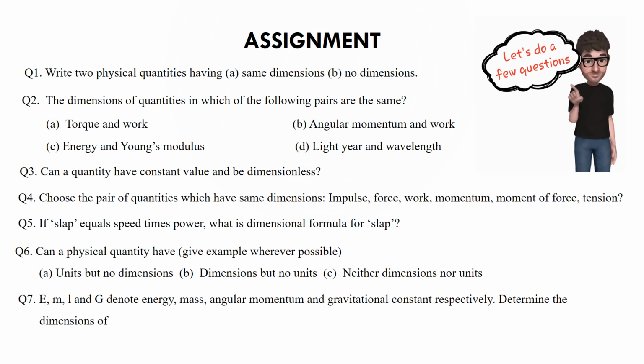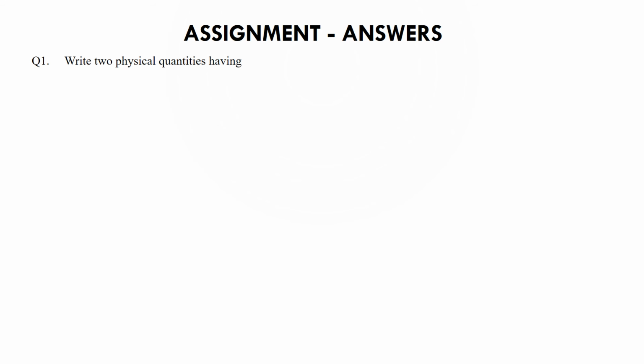And the last one: E, M, L and G denote energy, mass, angular momentum and gravitational constant respectively. Find the dimensions of E L square over M5 G square. Children, try this assignment on your own, but if you want to check whether your answers are correct or not, let's move forward to the answers.